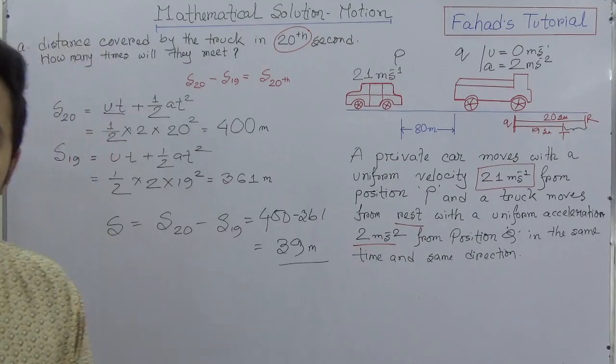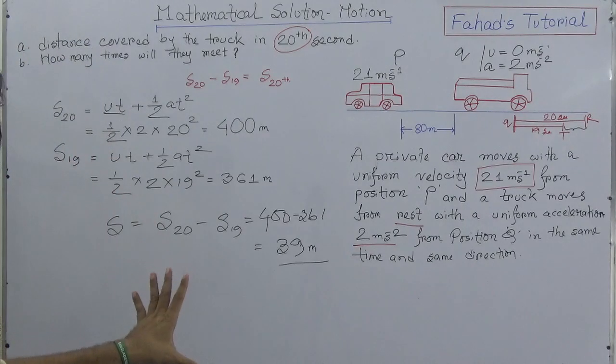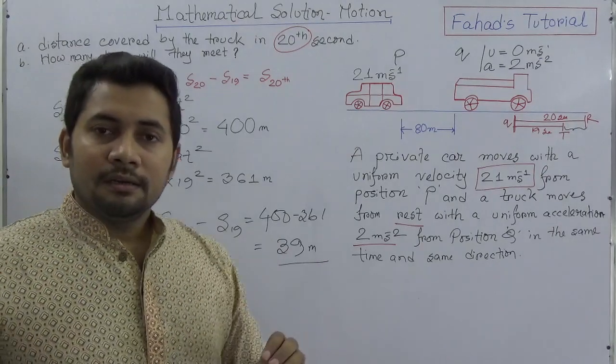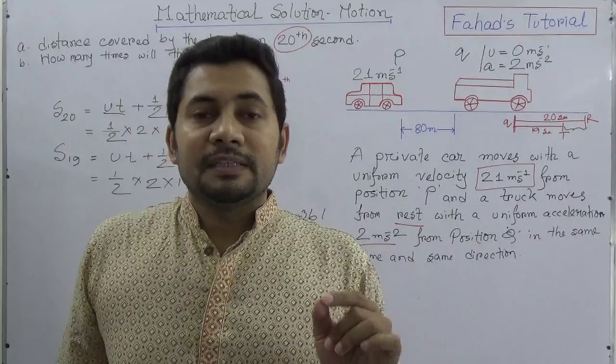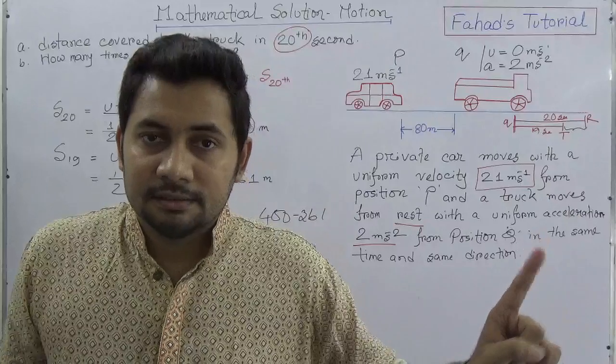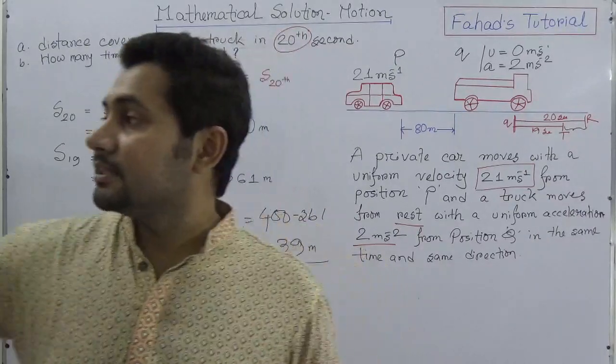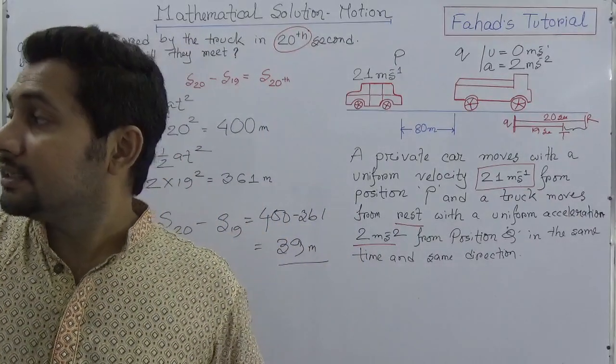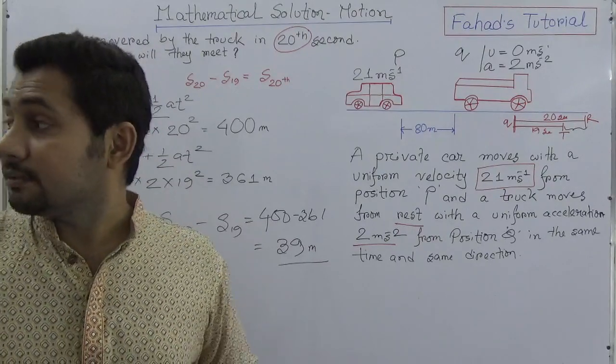I hope you understand the process. This is very easy, but if the question is what is the distance covered by the truck in the 7th second, or in the 11th second, then we need to think about it in another way.